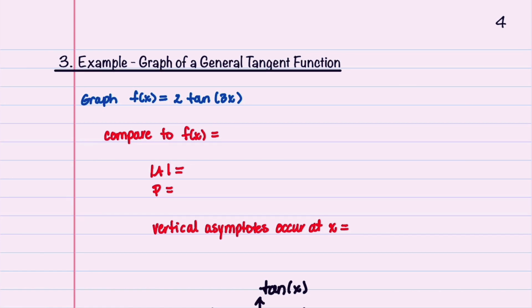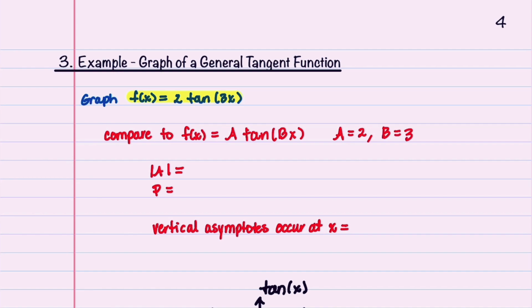We'll end this video by graphing the general tangent function f of x is equal to 2 tangent of 3x. We'll begin by comparing this to f of x is equal to a times tangent of b times x, and we'll make a note that a is equal to 2 and b is equal to 3.